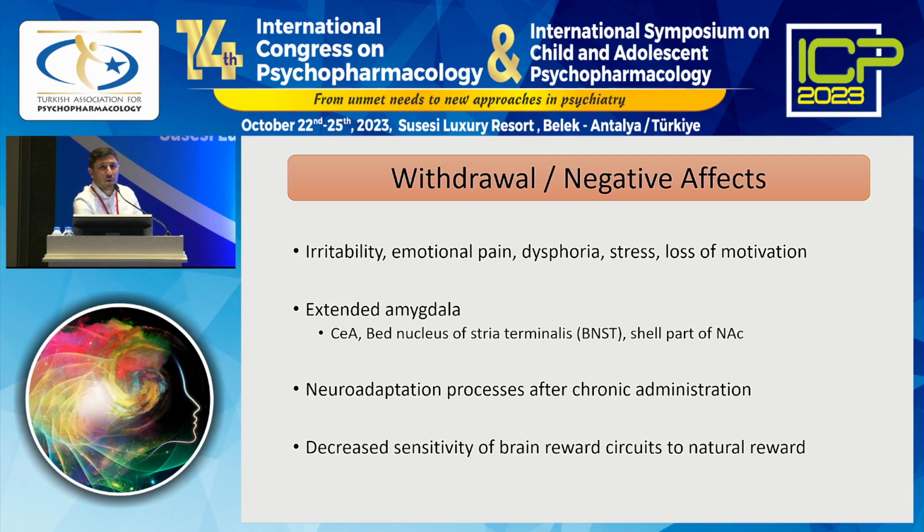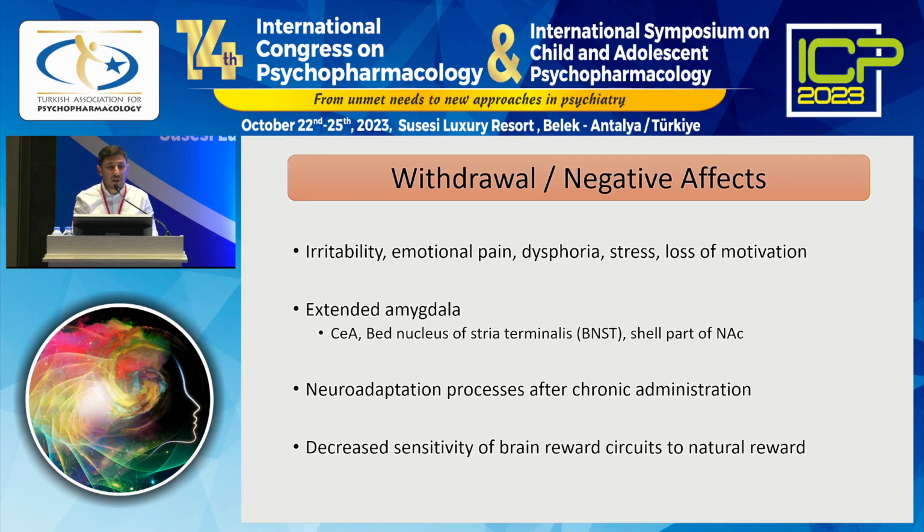When you get into withdrawal, the brain areas that are responsible might be quite different. The amygdala is in the forefront here. Here, the central amygdala, bed nucleus of the stria terminalis, and shell part of the nucleus accumbens are important areas. Actually, on the path to addiction, the arousal of withdrawal is a result of neuroadaptation.